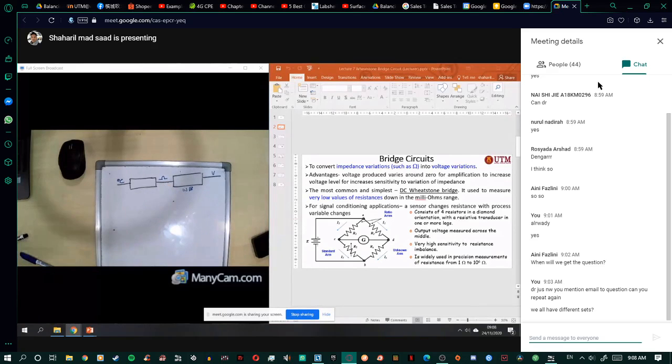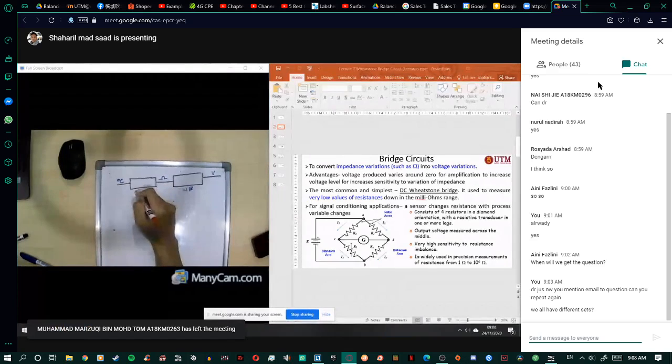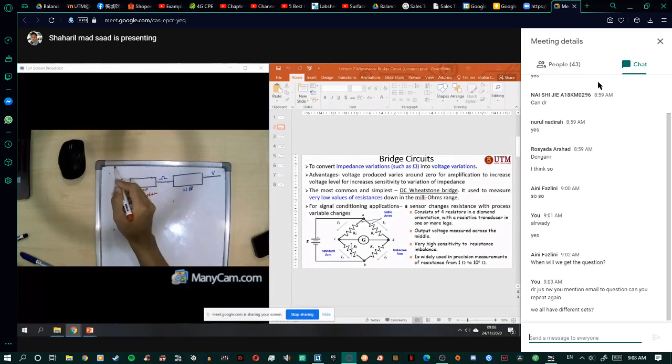For example, this is the transducer for a temperature sensor. Now it detects 20 degrees, so maybe the value in terms of ohms gives you 100.0 ohm, for example. And then your temperature increases to 21 degrees, an increase of 1 degree.